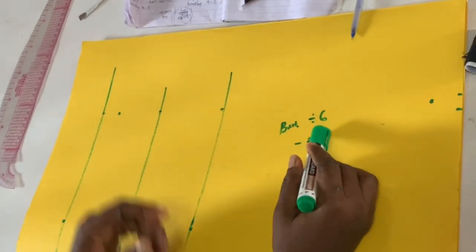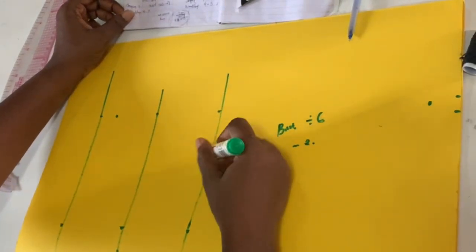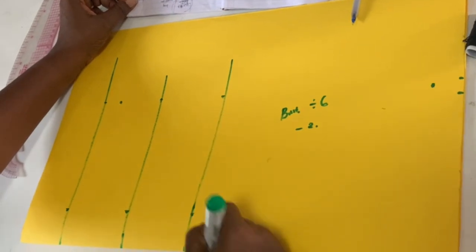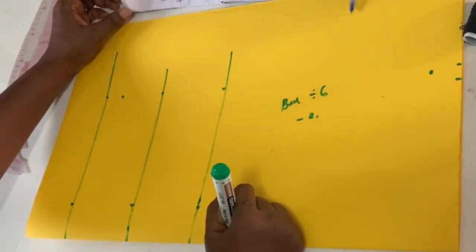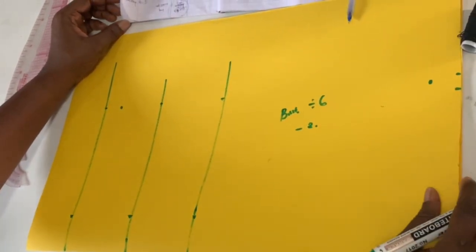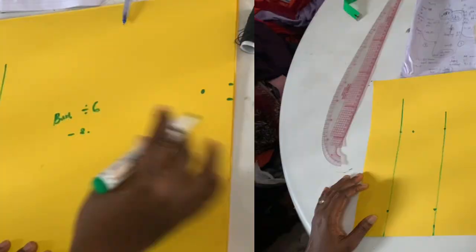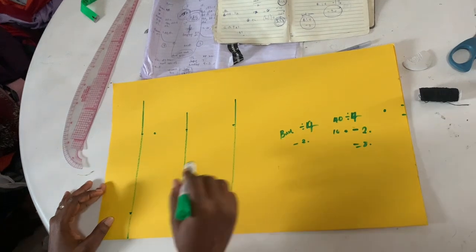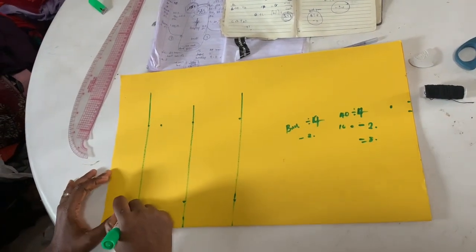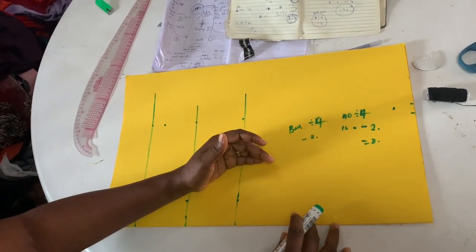After we've measured our breast point, underbust, and the waistline, the next thing is to get our bust span.